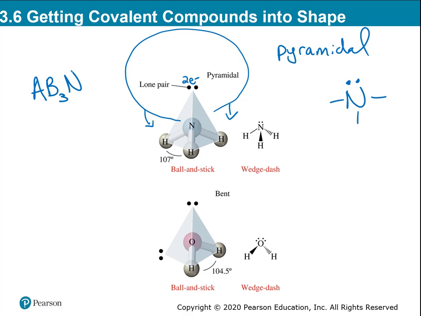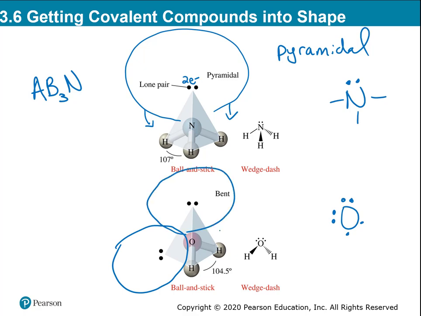Then oxygen. So oxygen's fanciness is that oxygen has 6 valence electrons. Right? So remember that means that 2 of oxygen's electron pairs are non-bonding. So this group up at the top and this group over here. So now that means they take up their space, and they repel the bonding pairs even more. So when they talk about bond angles, that's like the angles that are formed. So notice that nitrogen's is like 107, but when you look at oxygen's, it's 104.